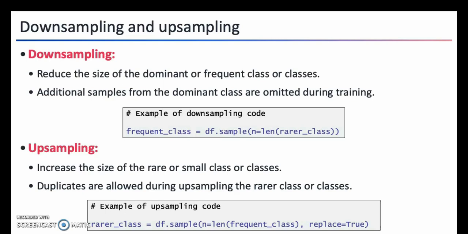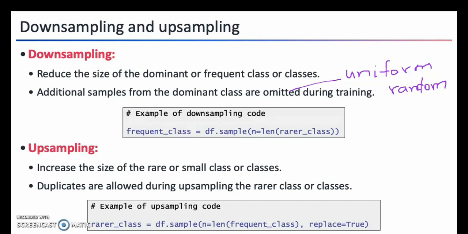In such a case, you would be removing some observations uniformly at random, without preference, from the dominant class, so that now the dominant class matches in size the other classes that are considered rare classes. So just to reinforce, downsampling is about omitting certain samples, but doing that in a uniformly at random fashion.